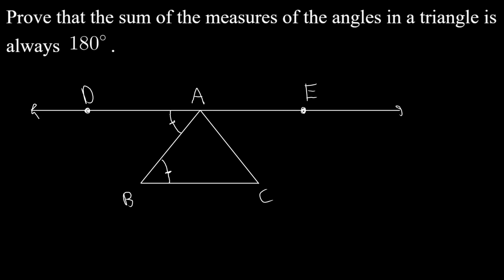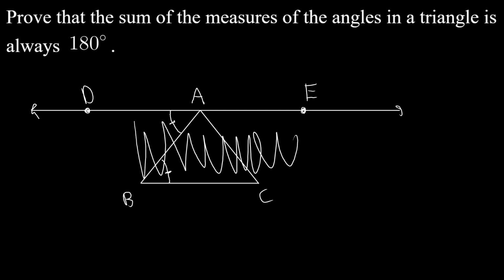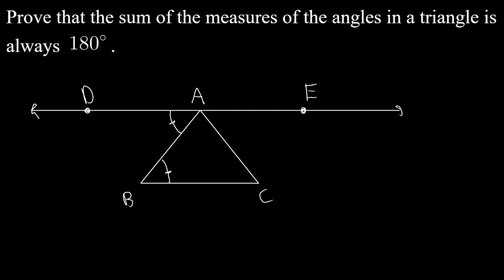Angle ABC is equal to angle DAB because they are alternate interior angles. It might be a little hard to recognize that, but the line that I created, DE, is parallel to BC. The interior would be this section here, and they're on alternating sides of the transversal AB. So using that, we can show they're alternate interior.